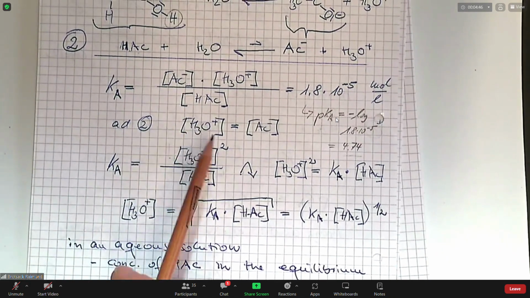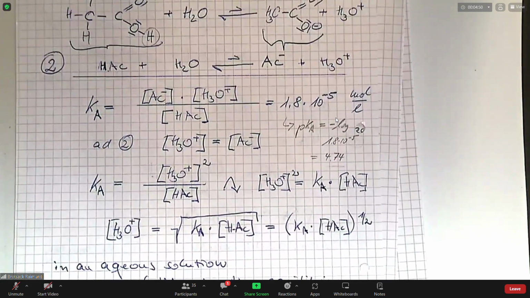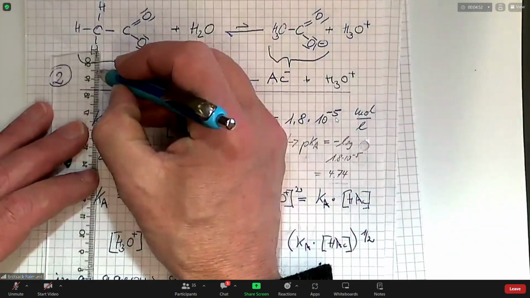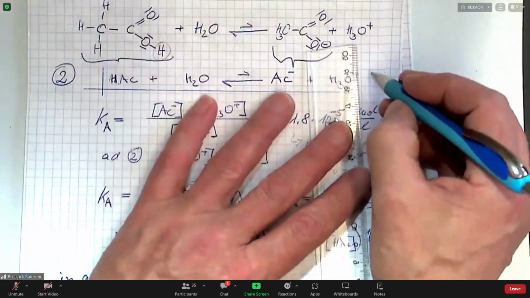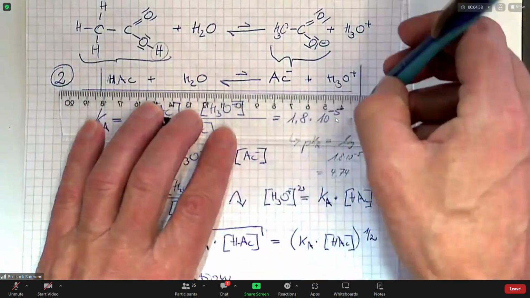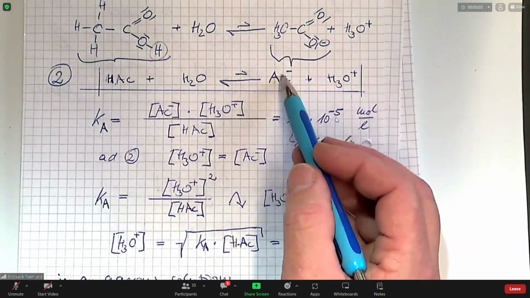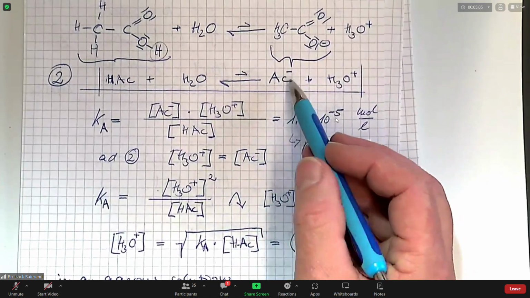When we have this equation here, equation 2, then we could say, even in the case of a weak acid, related to this equation, when there is a reaction to the right side, we have a ratio of 1:1.